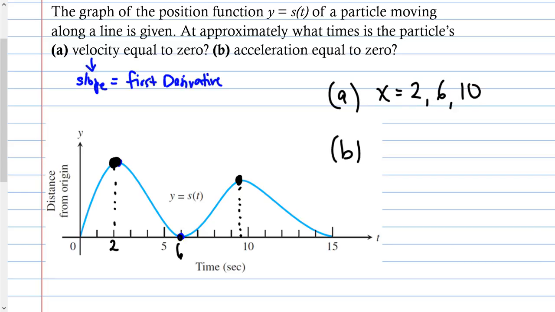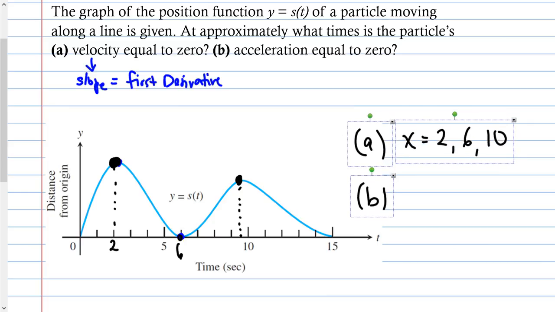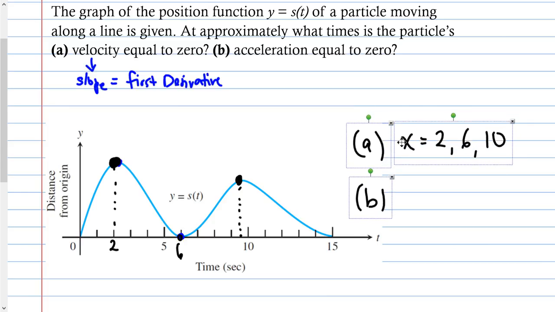Alright, answer for B. Translate. Acceleration equal to 0. Acceleration is what? Obviously, I'm hoping that you're using my translation for velocity the same way, that velocity is the first derivative. I hope that in your brain you're saying, oh, acceleration is the second derivative.